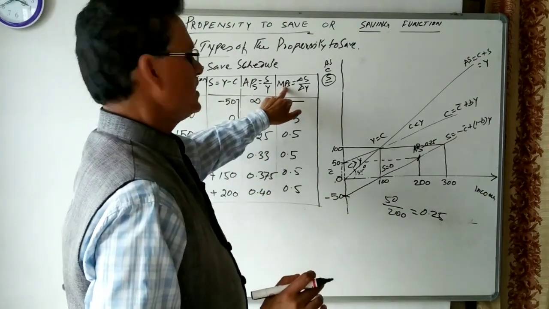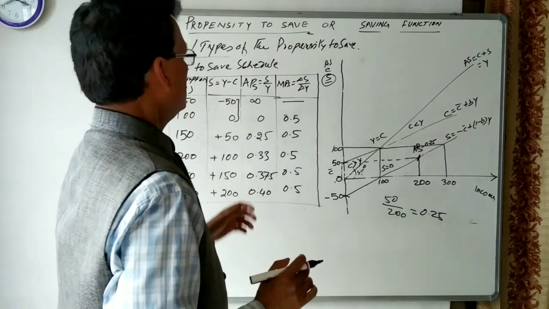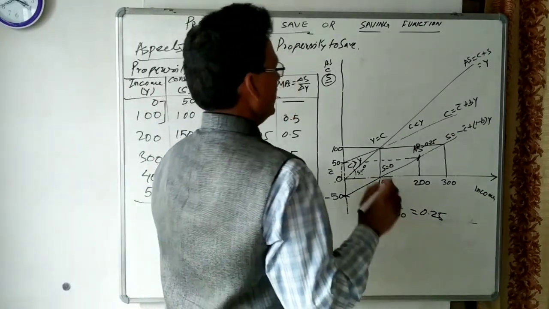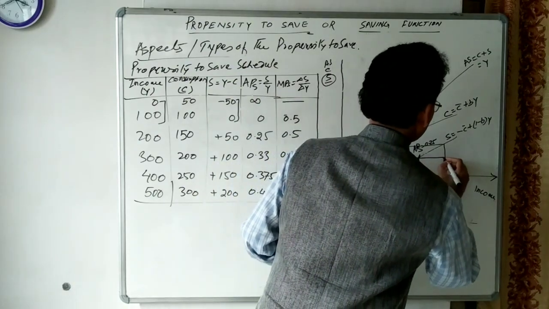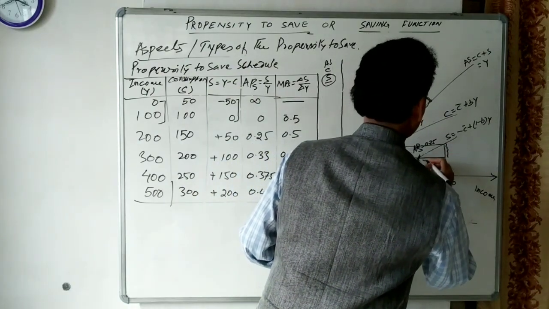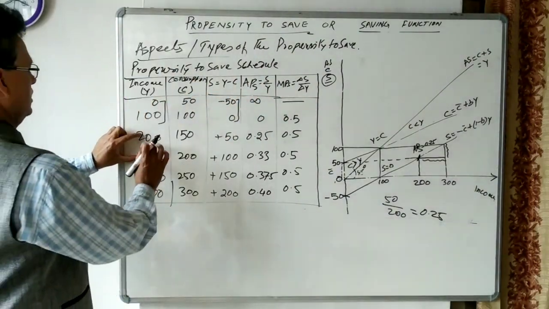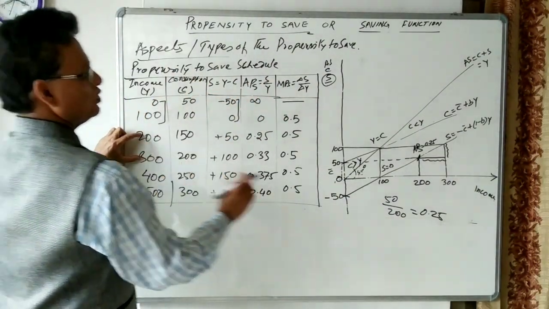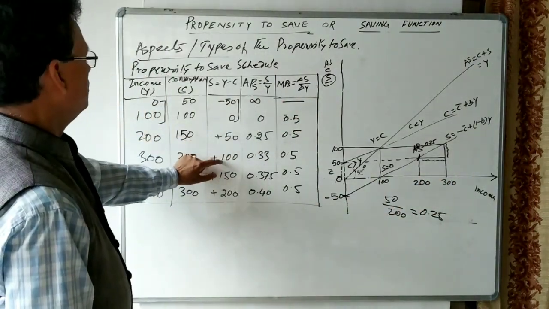Let us see marginal propensity to save. How can we calculate the marginal propensity to save? I told you it is the slope of the saving curve. Let us see from 200 to 300. The income increases from 200 to 300, and saving increases from 50 to 100.